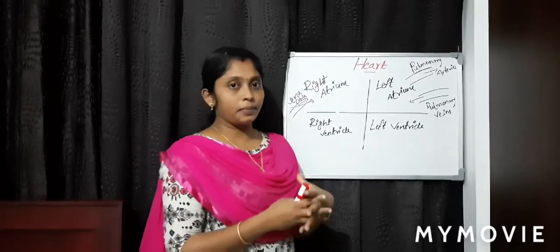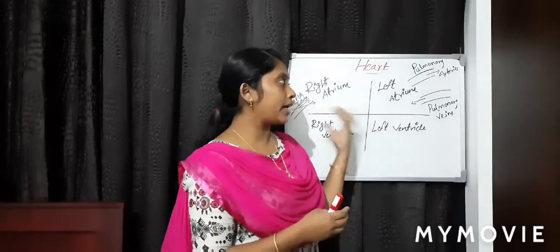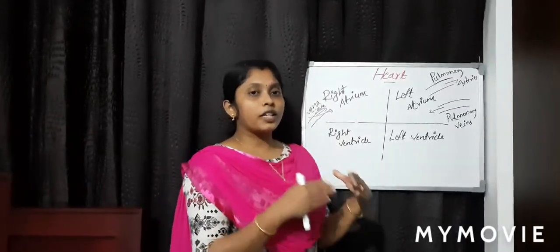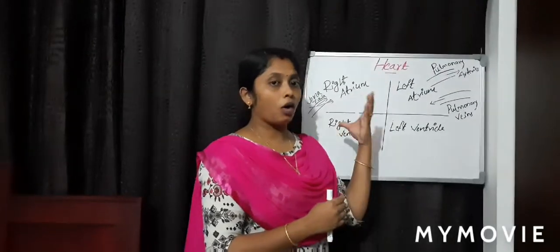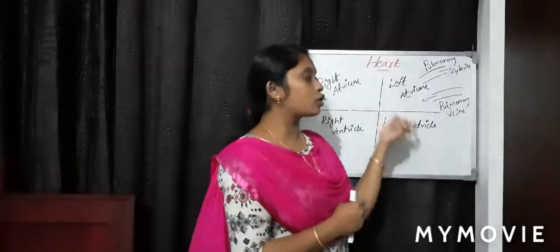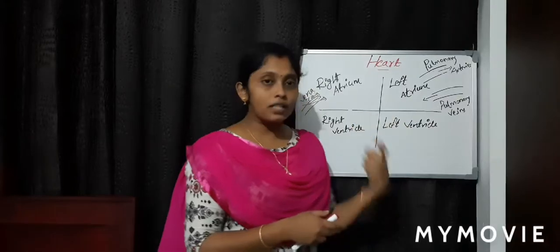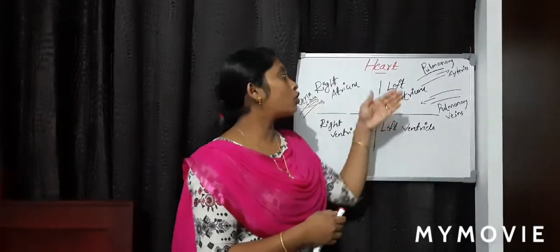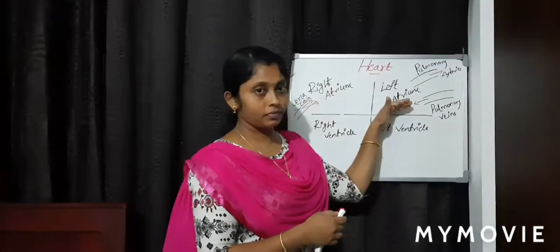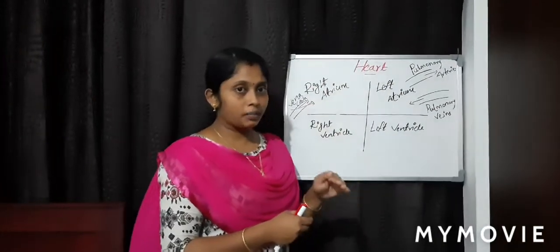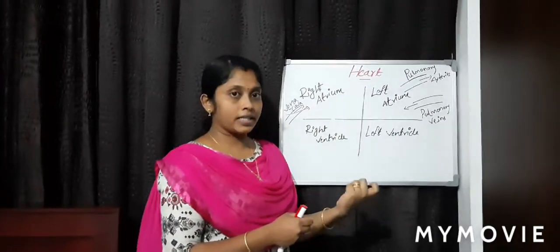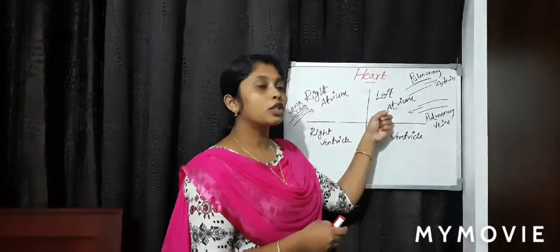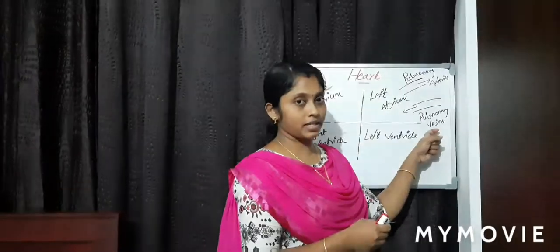The oxygenated blood goes back into our heart. This oxygenated blood coming from our lungs is collected by our left atrium. It reaches the left atrium through the pulmonary veins.